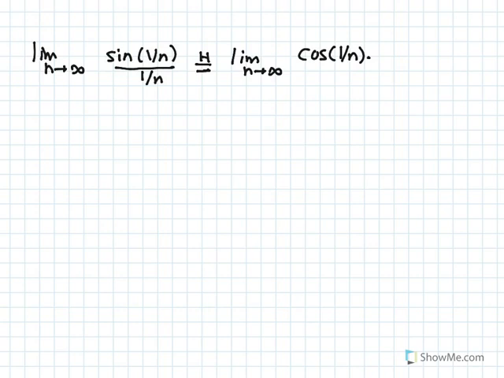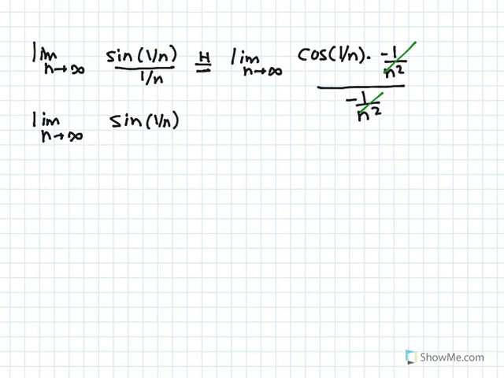So the derivative of 1 over n is negative 1 over n squared. And differentiating the bottom, the derivative of 1 over n, again, is negative 1 over n squared. And negative 1 over n squared cancels from the numerator and denominator. So the limit as n goes to infinity of sine of 1 over n divided by 1 over n is equal to the limit as n goes to infinity of cosine of 1 over n.